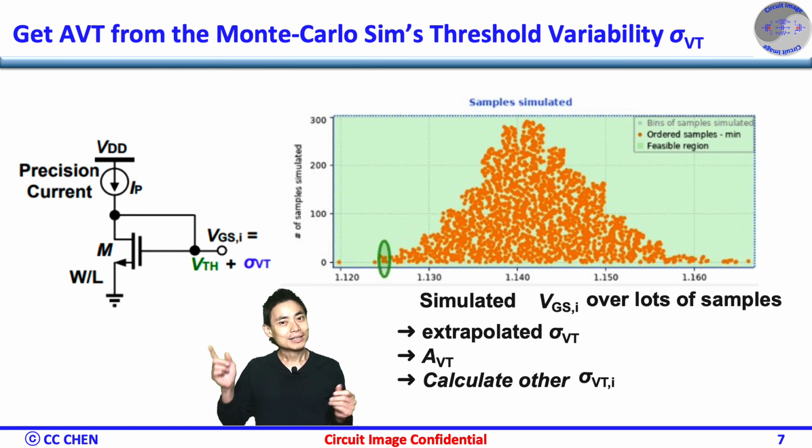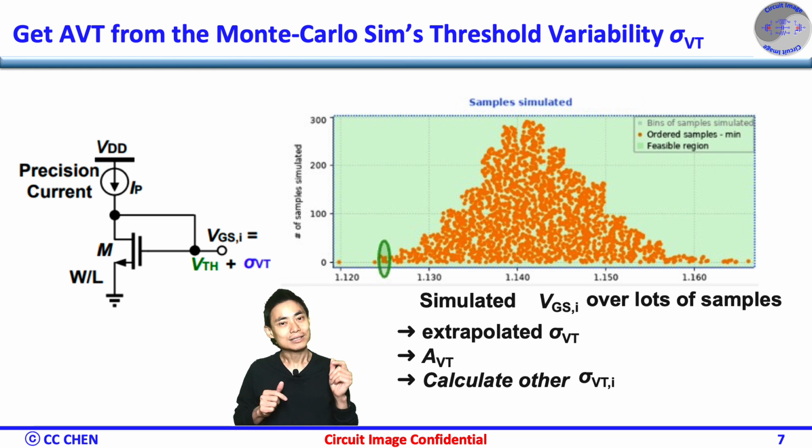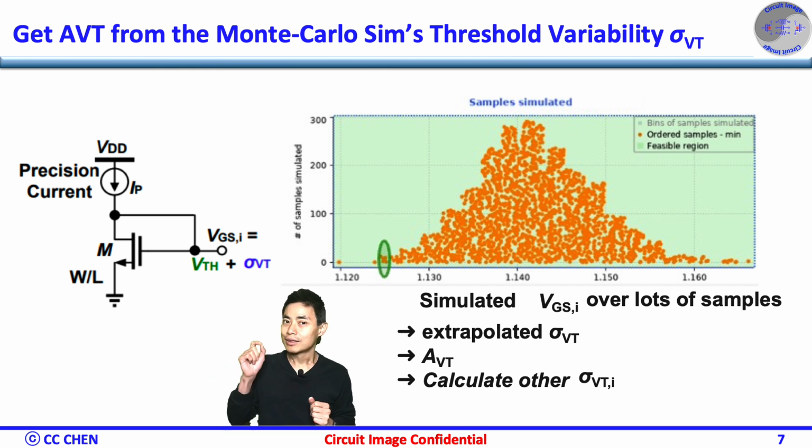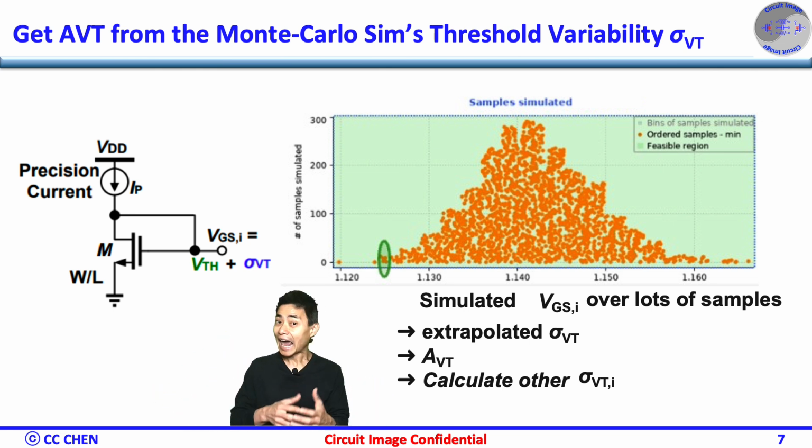For example, AVT equals the known sigma Vt times the square root of W times L. Then you can just use the calculated AVT to do your other hand calculations in other algebra blocks for first-order design exercise, instead of blindly simulating any undesigned blocks.